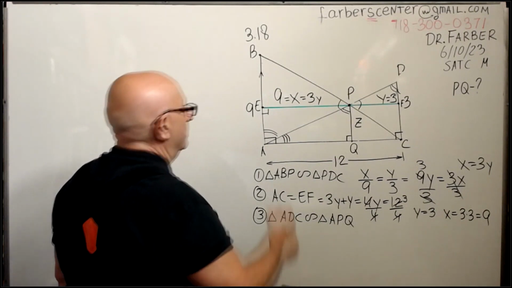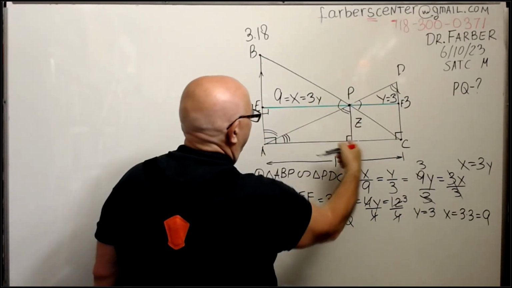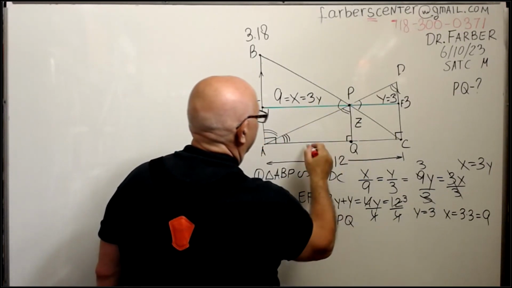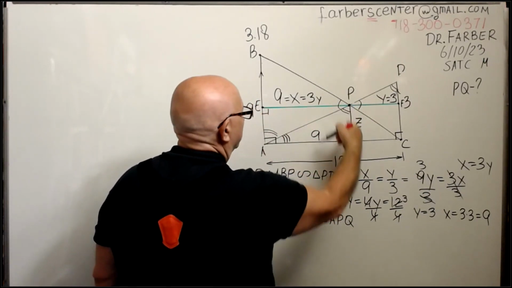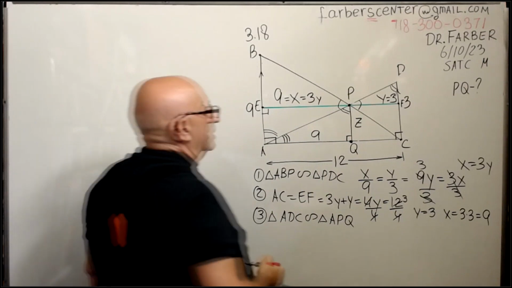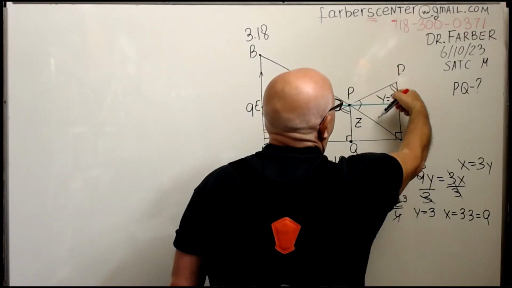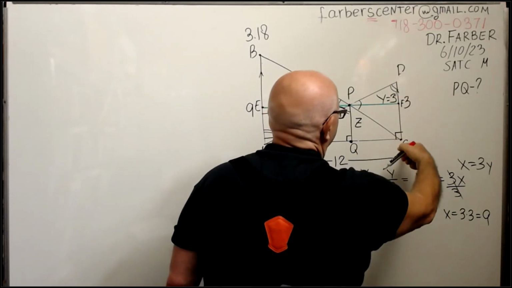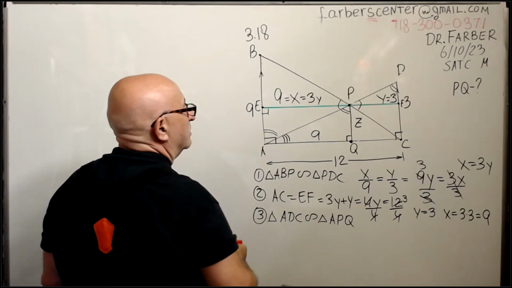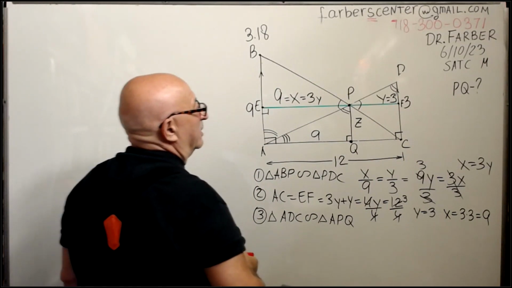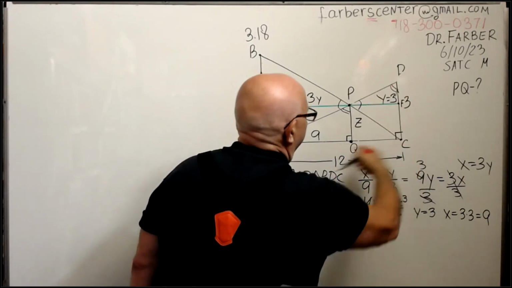Keep in mind, this is 9 and this is 9. Why? Because it's the opposite side of this rectangle. Look at this. This part is 3, to this long side, 12. I can write letters so you understand which 3 we have here.